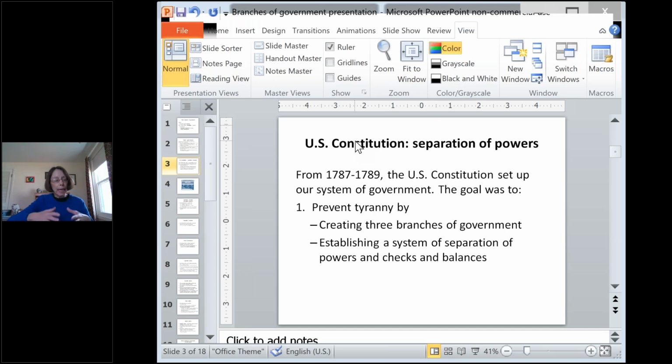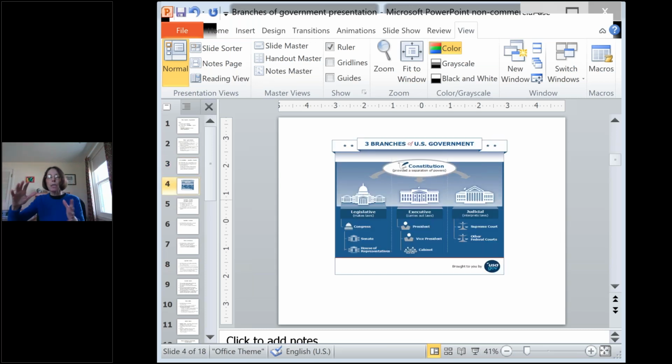The goal was, again, to prevent tyranny by creating three branches of government. The whole idea was to establish a system of separation of powers and checks and balances. And we're going to be talking about this more, going into a little bit more detail. So here you see a little image of what this means exactly.